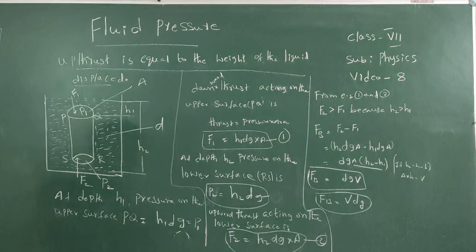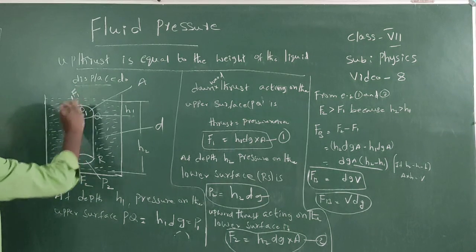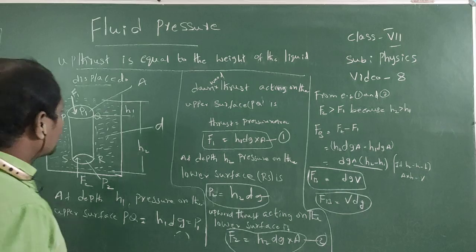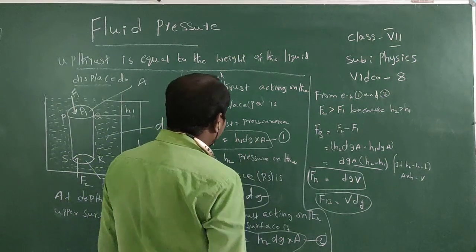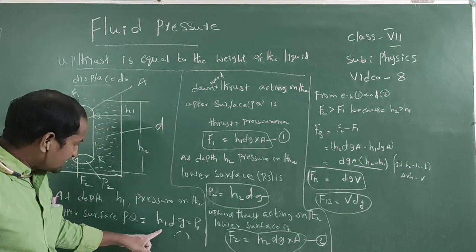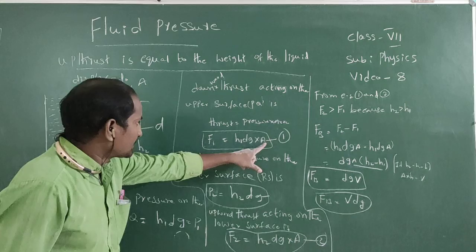Now the downward thrust acting on the upper surface in the vertically downward direction is F1. We know that thrust, or force, equals pressure into area of cross section. We got pressure equal to h1 d g, so F1 equals h1 d g into the area of cross section A. This is equation number 1.